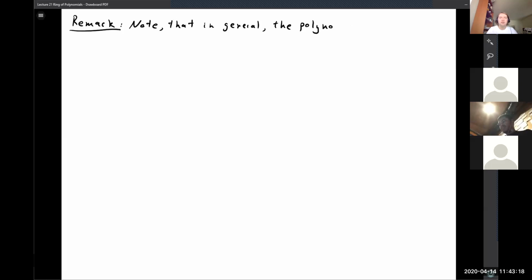I'll just talk about this remark when we come to the evaluation homomorphism. It will naturally fit there. What I want to say is that different polynomials might always take the same value when evaluated, but I forgot that I haven't yet defined the evaluation. Okay.